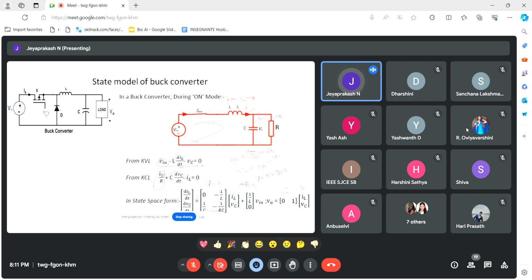If I vary one quantity, the other will be constant: if Vin is varying, D will be constant, or vice versa.